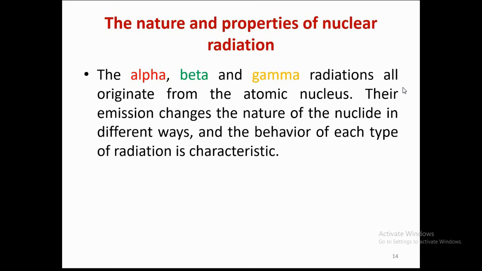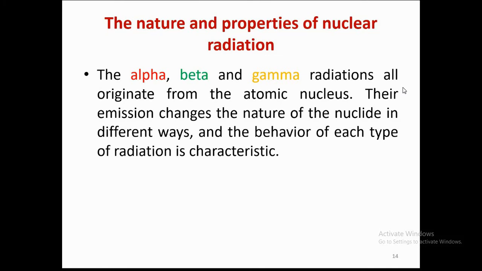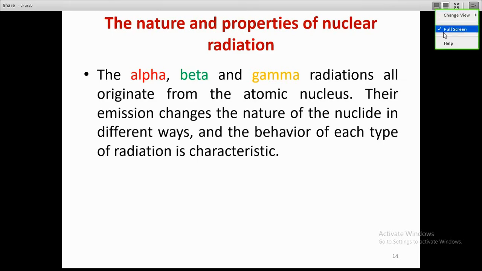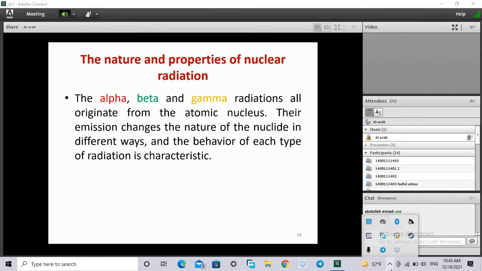Okay, at first I want to start with the following. As you remember, when a radionuclide starts to decay, some particles and radiation are emitted. The main ones include alpha and beta particles and gamma radiation, and all of these emissions change the nature of the nucleus in different ways, and the behavior of radionuclides will also be changed.